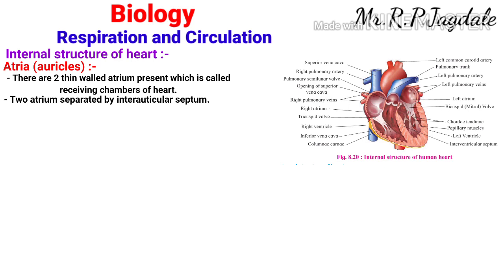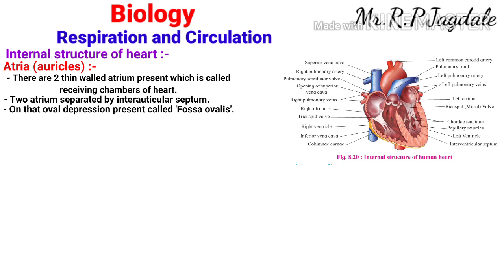On that interauricular septum, an oval depression is present, and that is called the fossa ovalis. On that division of the atria, one oval depression is present, called the fossa ovalis.